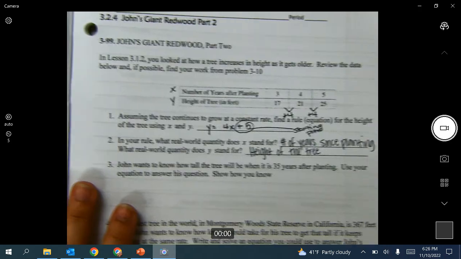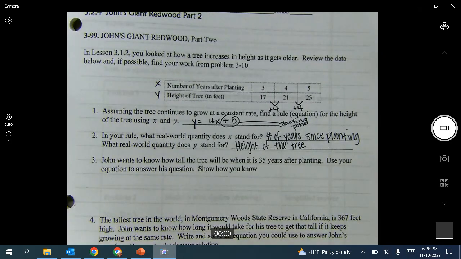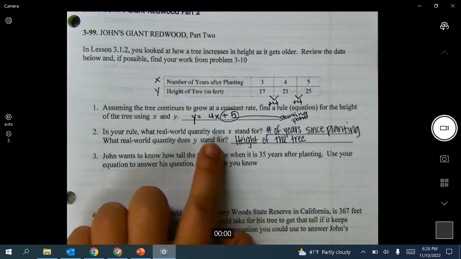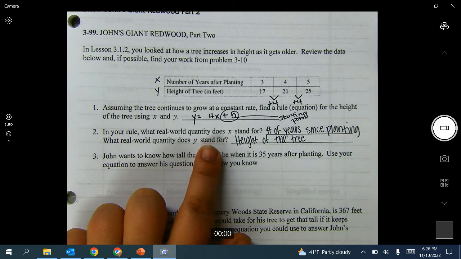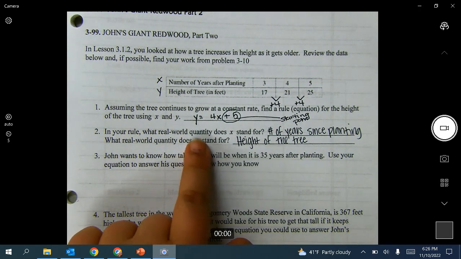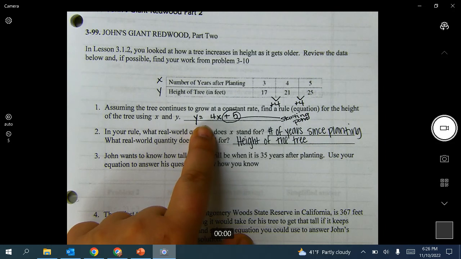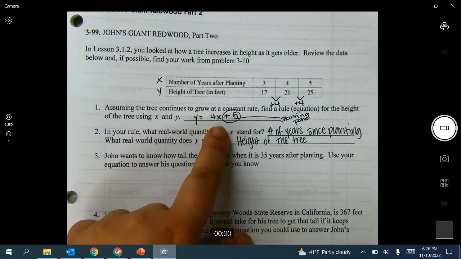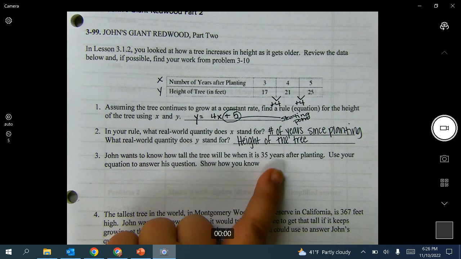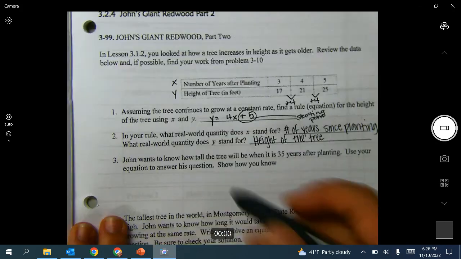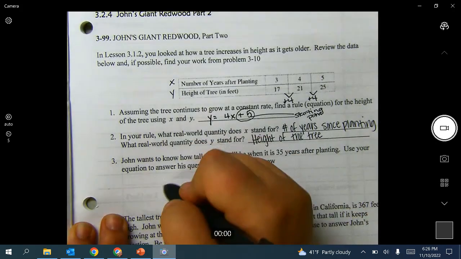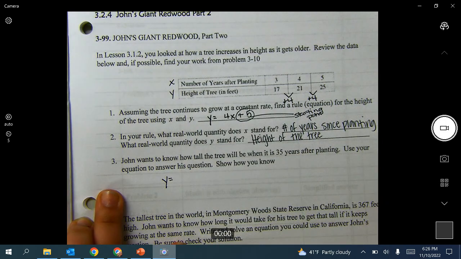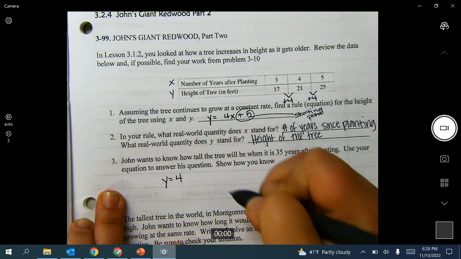So if John wants to know how tall the tree will be when it is 35 years after planting, I can use this equation that we discovered to figure that out, right? So this is telling me the height of the tree is equal to 4 times the number of years plus 5. So if my number of years is 35, I know that the total height is going to be equal to 4 feet per year.